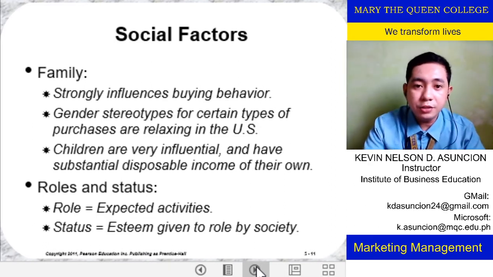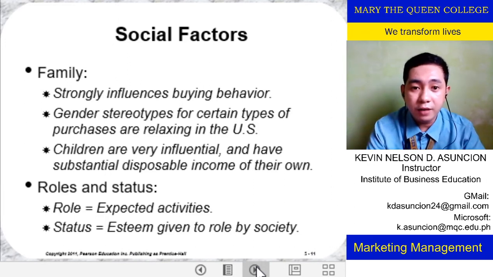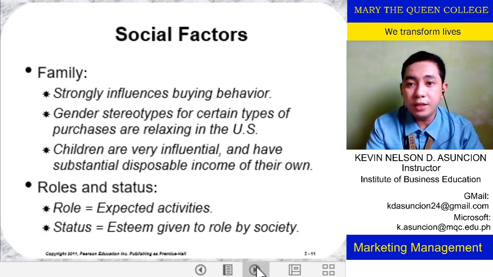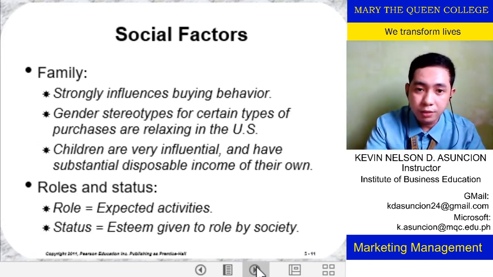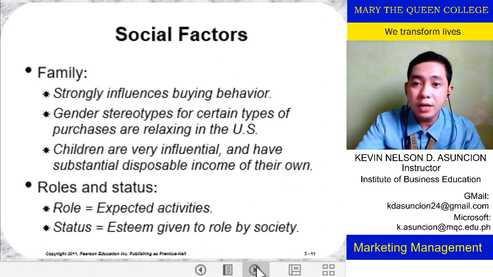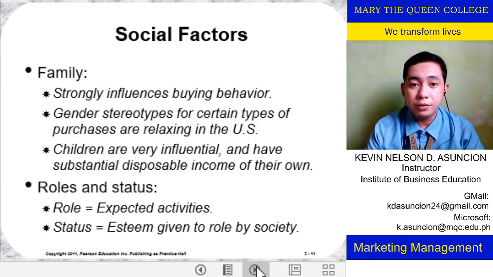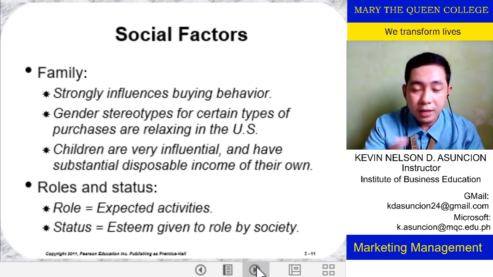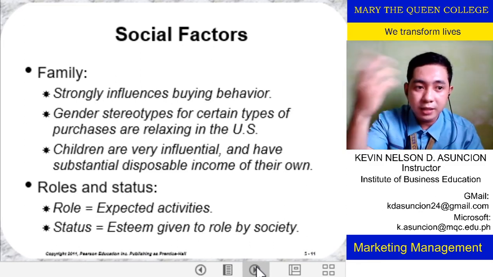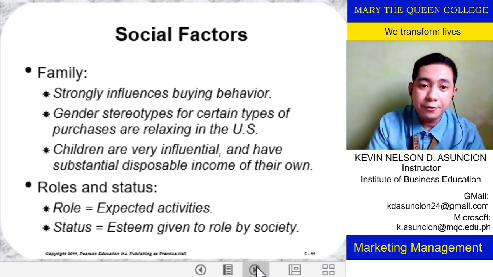And children are very influential and have a substantial disposable income of their own. Of course, right now, meron na silang allowances, and may pambili na sila, particularly in the online market. So nakakabili na sila, hindi na lang yung mga mas nakakatanda ang mga bumibili right now.